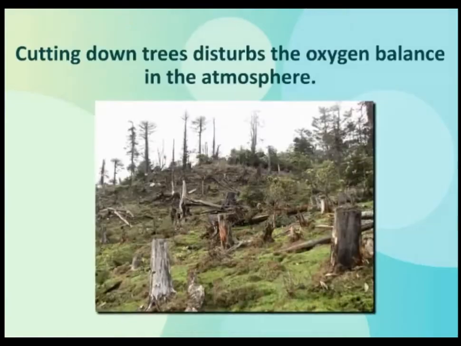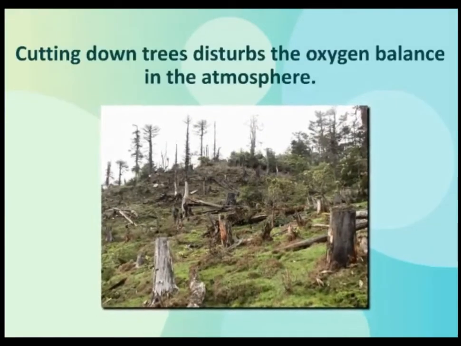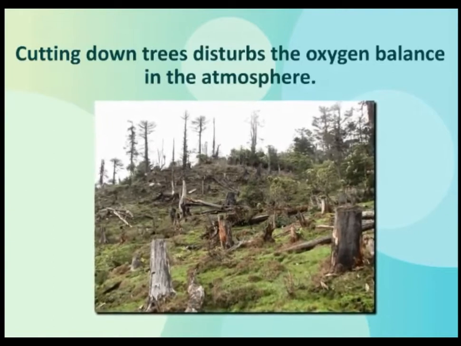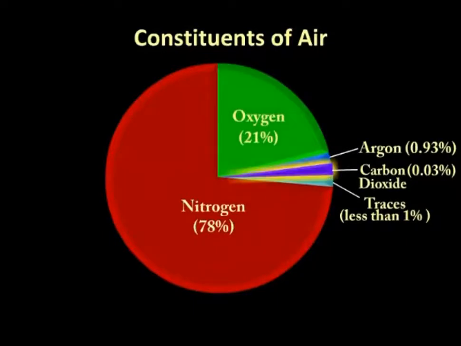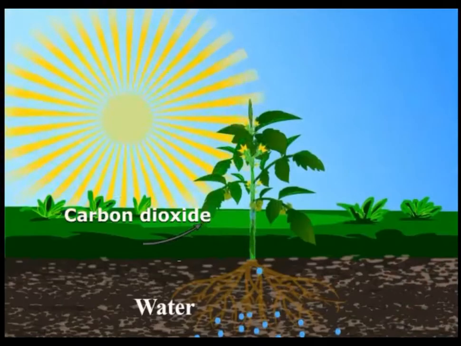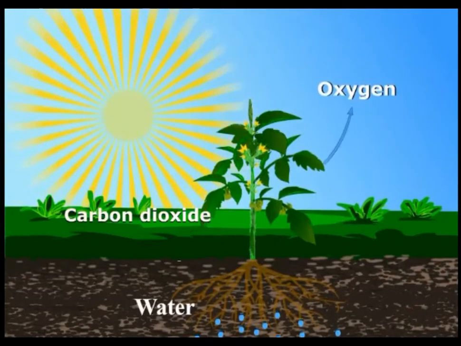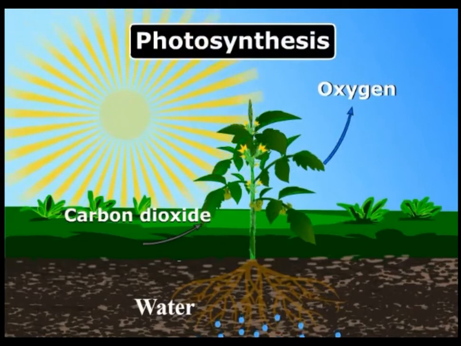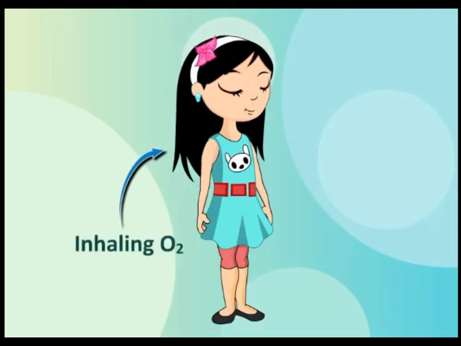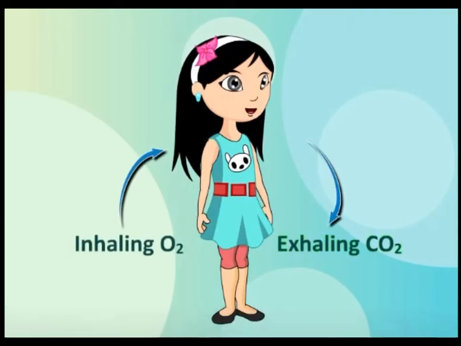Cutting down trees disturbs the oxygen balance in the atmosphere. Carbon dioxide forms about 0.03% volume of air. It is used by the green plants to make their food. It is exhaled by living beings.